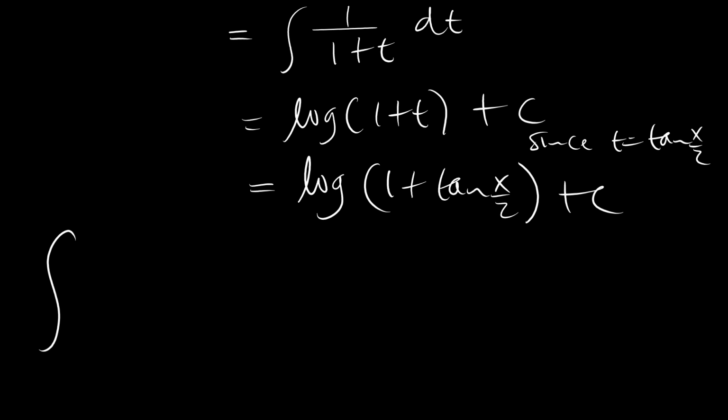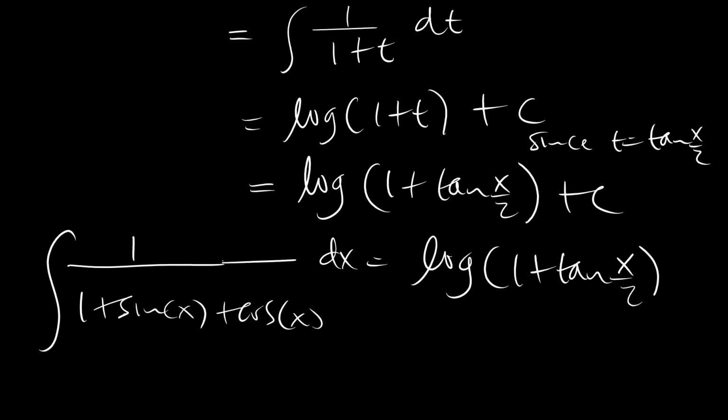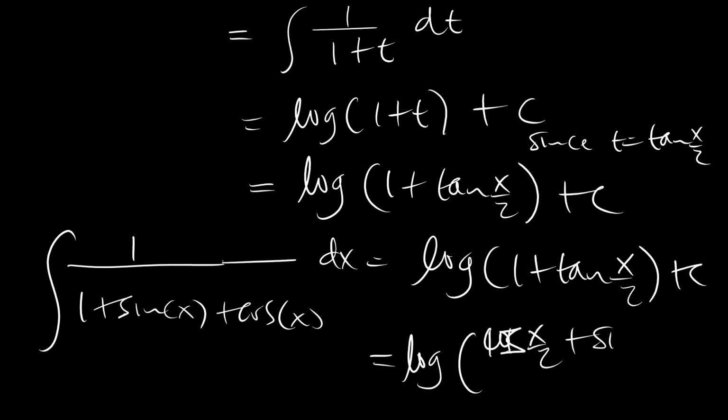So in other words, our integral of 1 over 1 plus sine x plus cosine of x is equal to the natural logarithm of 1 plus tangent x over 2 plus c, or natural logarithm of cosine x over 2 plus sine x over 2 over cosine x over 2, plus c.